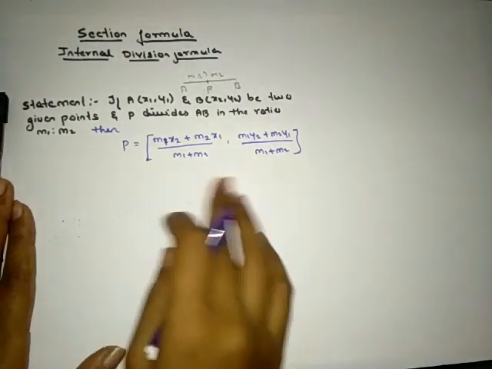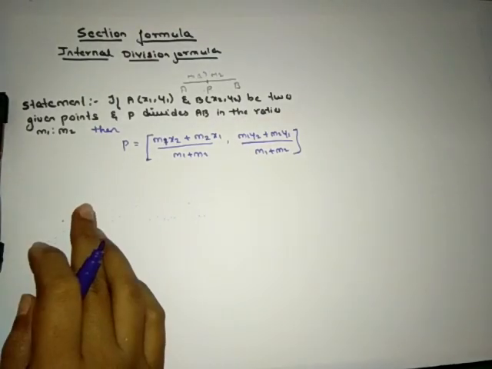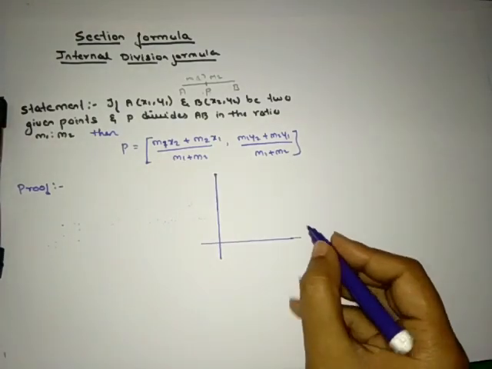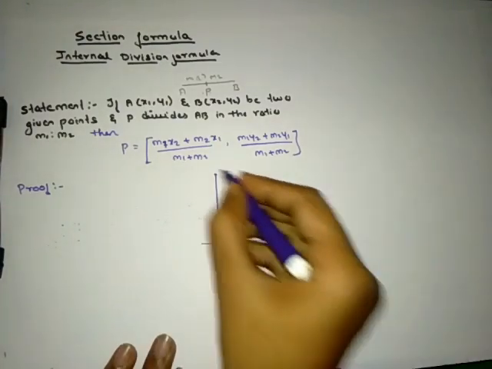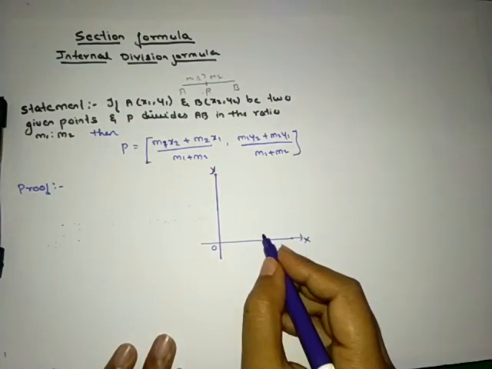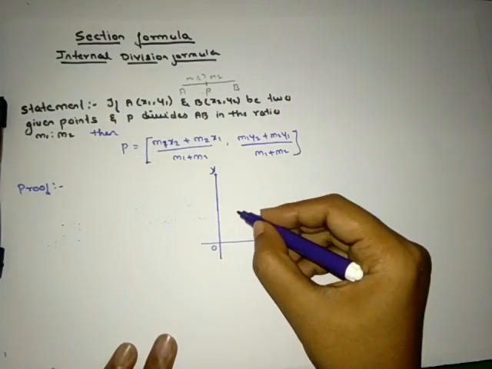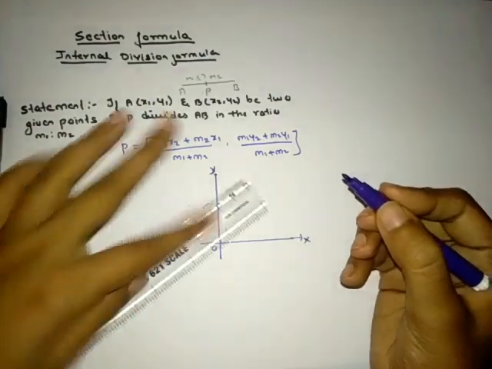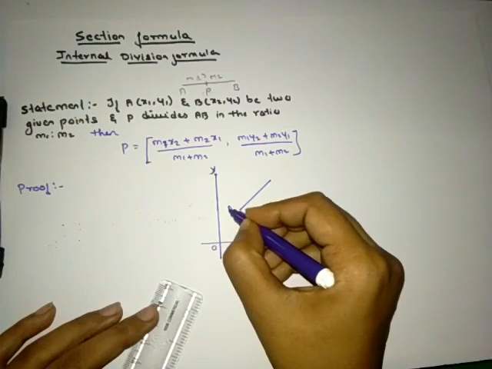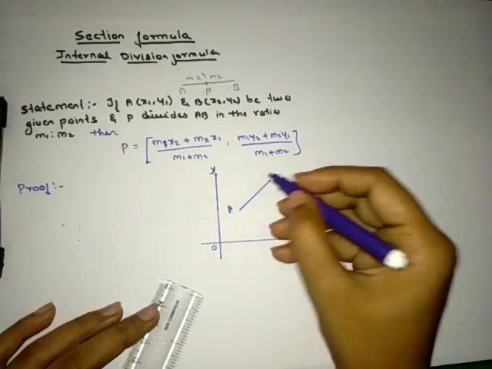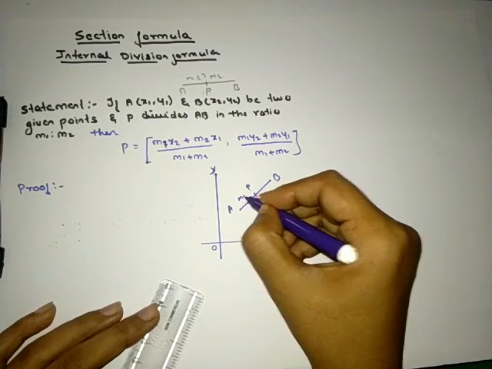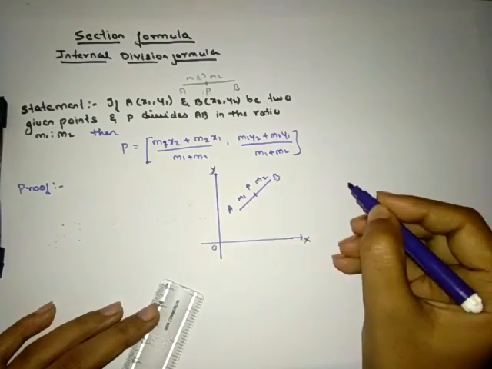Right, we'll derive this formula now. Next we'll draw the diagram. First I have taken the Cartesian plane. This is x, this is y, O. Now we'll take a line segment AB. This is the line segment. Now we'll name it as A and B. There is a point P on the line segment which divides it in the ratio m1 is to m2.